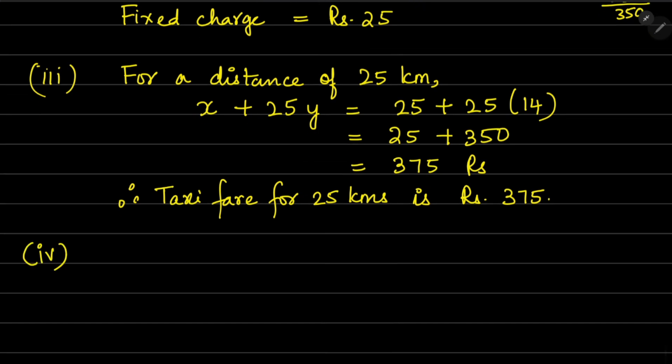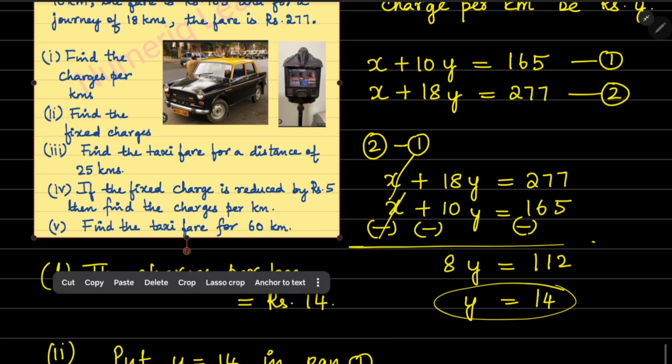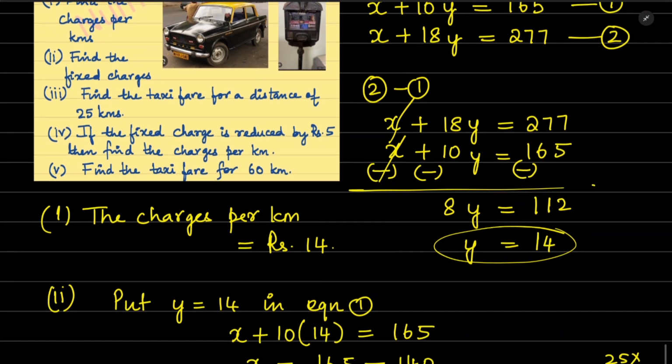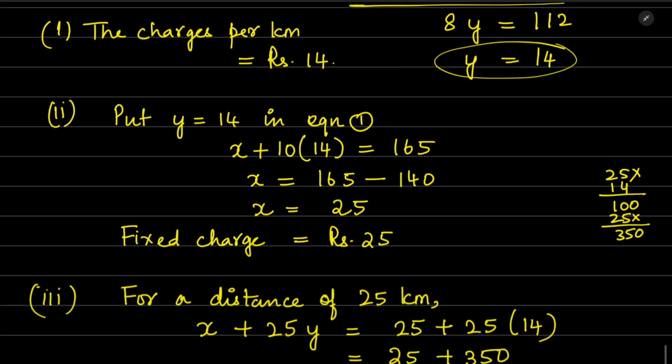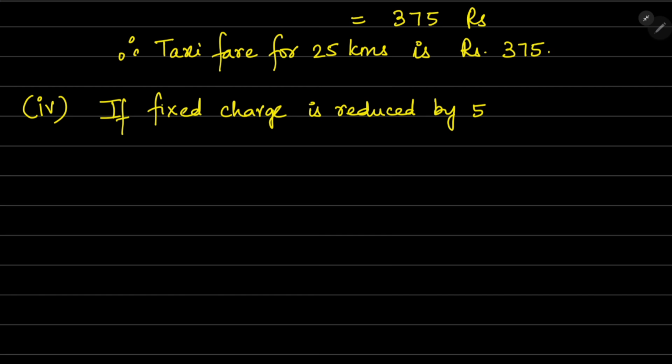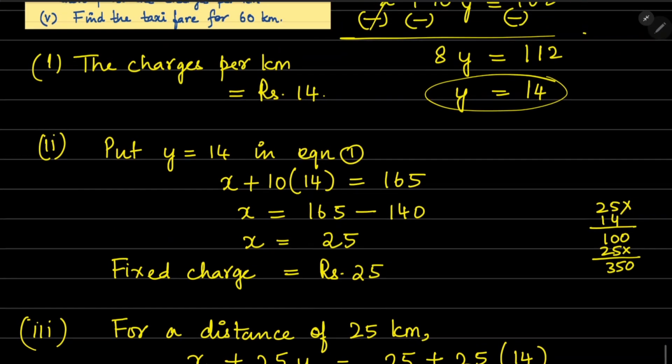Now, what is your fourth question? If the fixed charge is reduced by 5, find the charges per kilometer. Right? So, if the fixed charge is reduced by 5, okay. Suppose, so what should I write? If the fixed charge is reduced by 5, then what will be the new fixed charge?